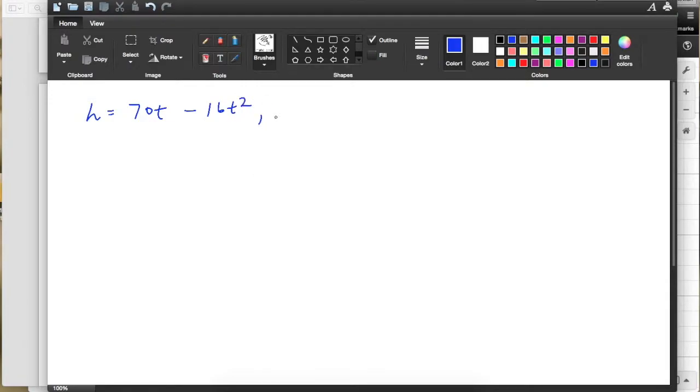And we want to find t when h equals 76 meters. Okay, we're finding the time when the projectile is 76 meters in the air. So the first thing I'm going to do is substitute h for 76.